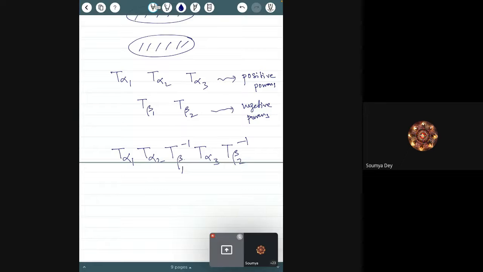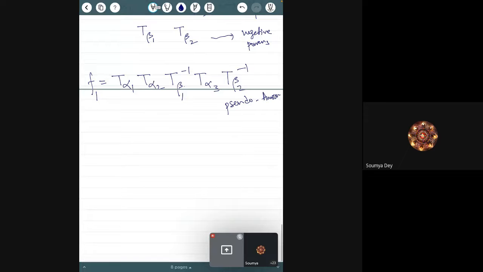So if this is our mapping class, which is a product of these Dehn twists, this is a pseudo-Anosov element by the above theorem. Just to check that most of you have understood, can someone else tell me another product?